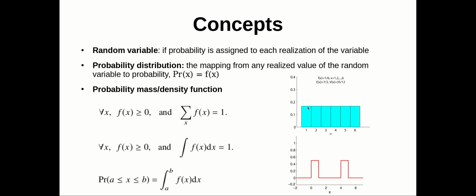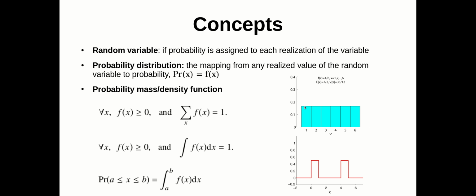And then here is a histogram representation for the probability mass function, because in this case it's a discrete case, right? So the x values are discrete. It's 1, 2, 3, 4, 5, or 6, right? And then the height of each column is exactly 1/6, 0.1667, that kind of value, right?